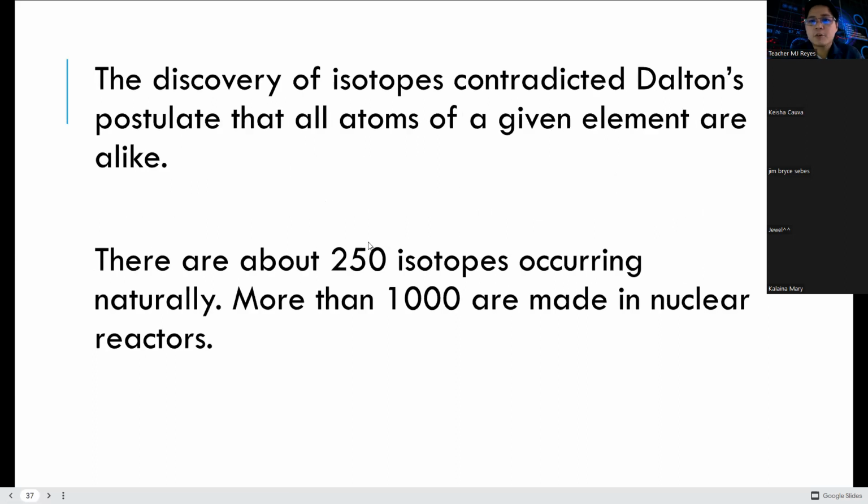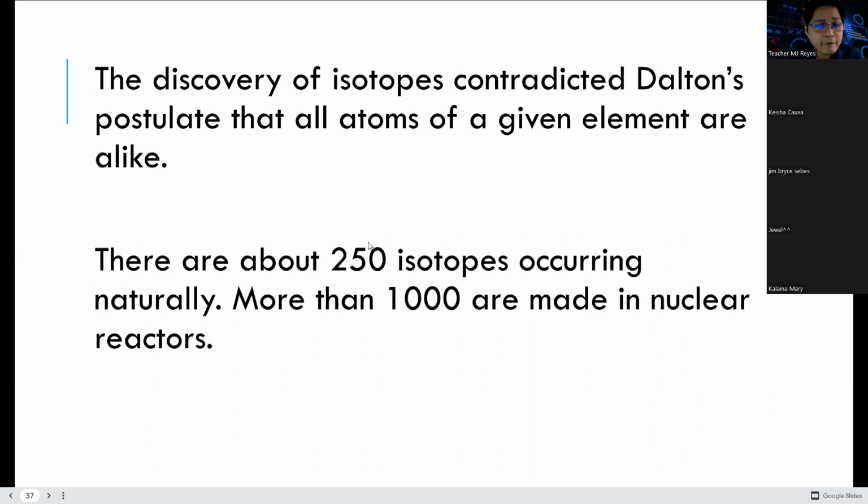The discovery of isotopes contradicted Dalton's postulate that all atoms of a given element are alike. Studies concluded that there are a lot of isotopes in a particular element. Hydrogen, for example, has several isotopes. Some of them are used for treating cancer and certain diseases.